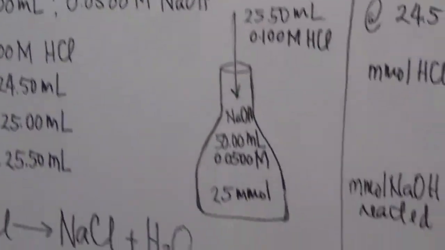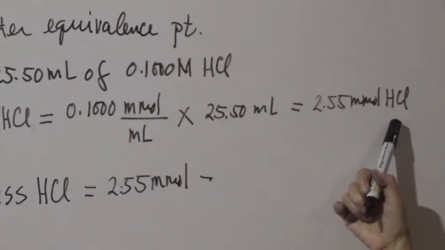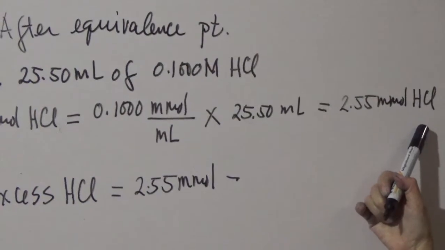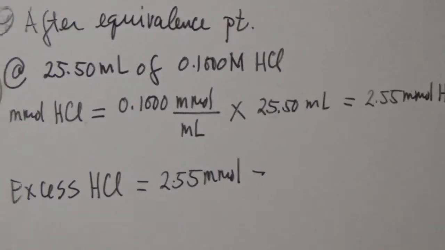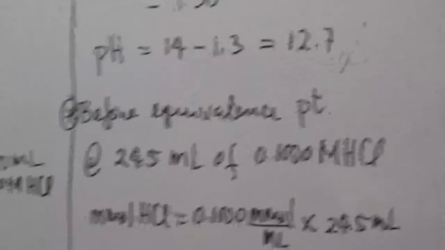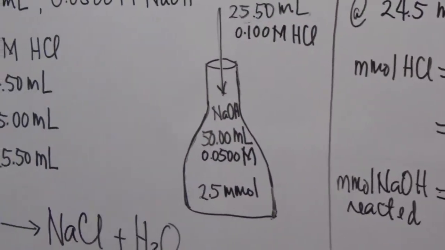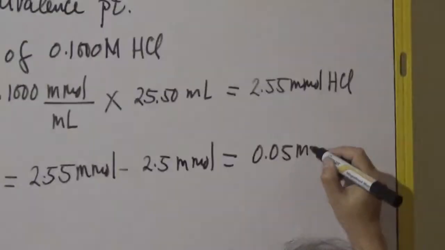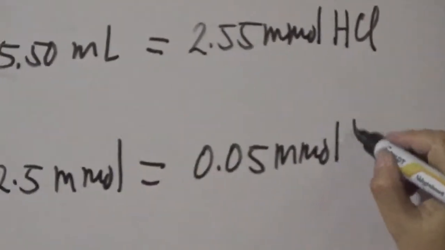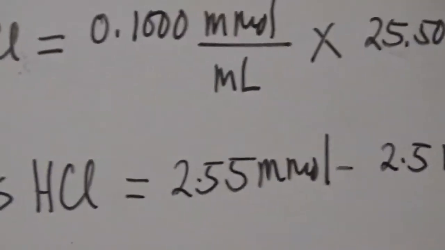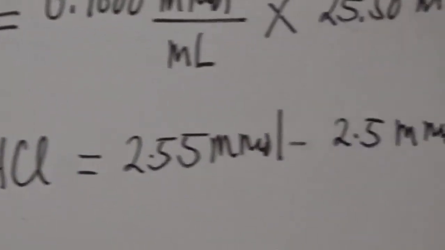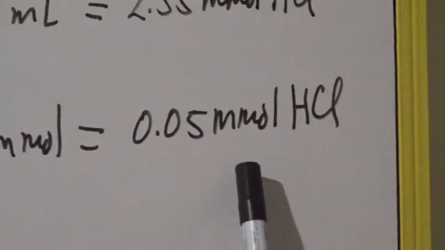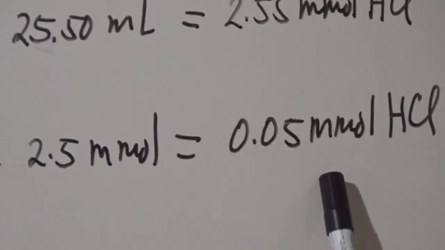Because the 2.5 millimole of hydrochloric acid here has been reacted with 50 ml of sodium hydroxide, or 2.5 millimole of sodium hydroxide. So minus 2.5 millimole, that is equal to 0.05 millimole of HCl. So this is the amount of hydrochloric acid that is in excess in the solution.